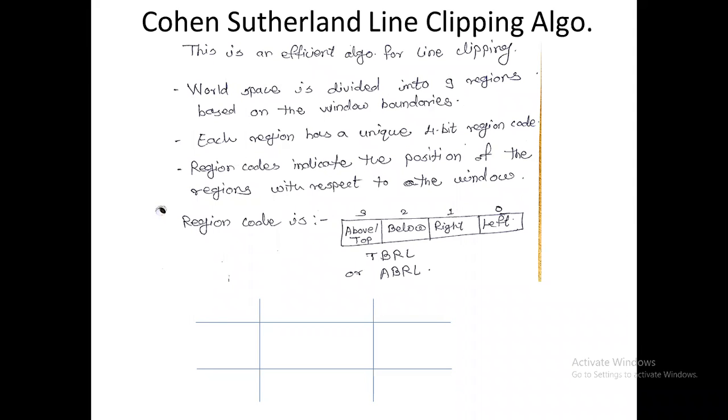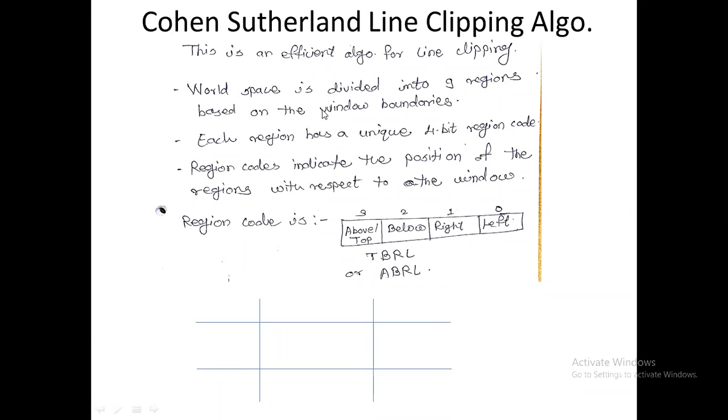So if we want to delete a line which is going outside of that particular window, we have one algorithm that is called the Cohen-Sutherland line clipping algorithm. This is especially used for line clipping.